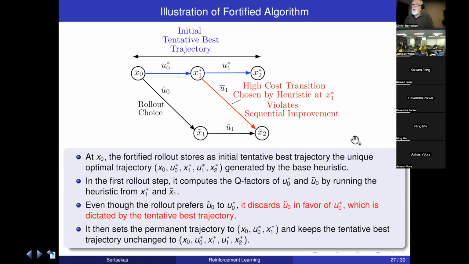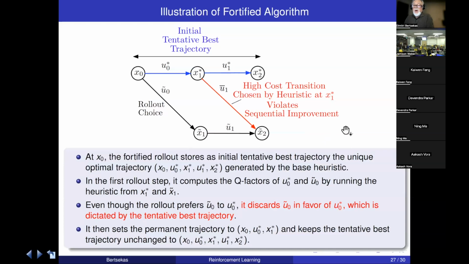Yeah, so in this example, when it chooses U1 bar at X1 star, previously, while computing from X0, it had chosen U1 star at X1 star. So doesn't this also violate the sequential consistency property?